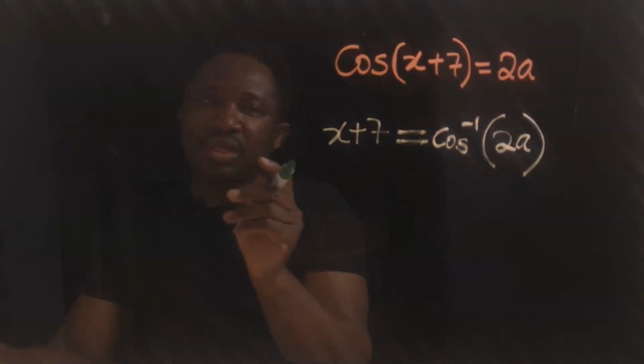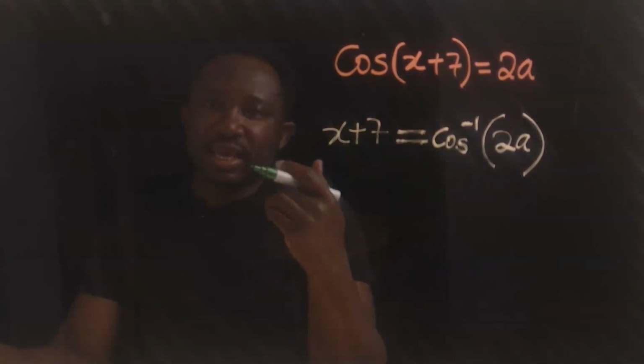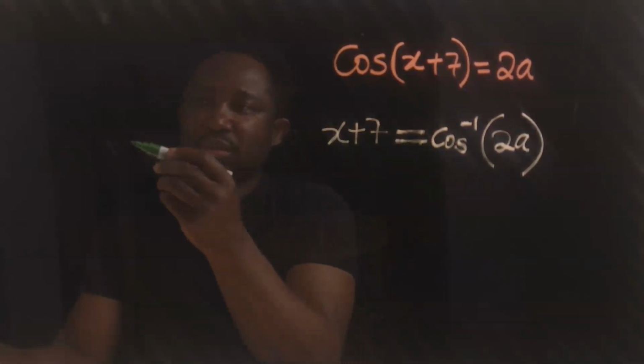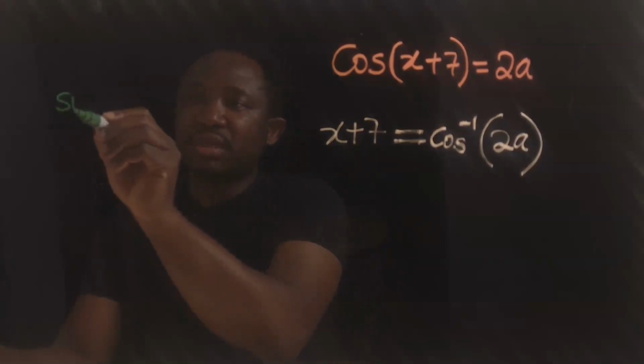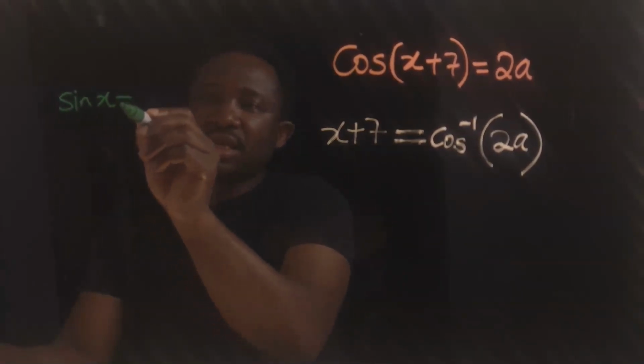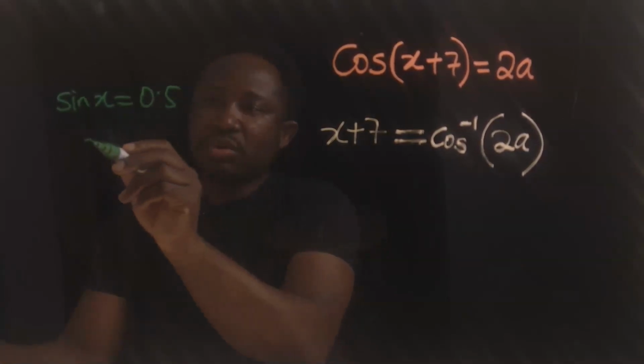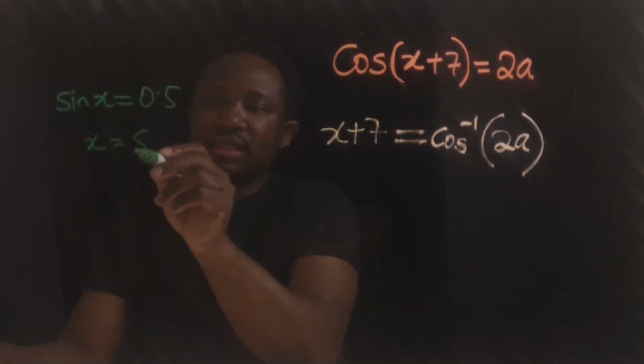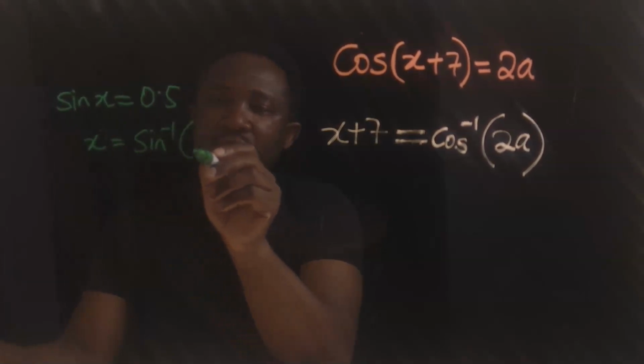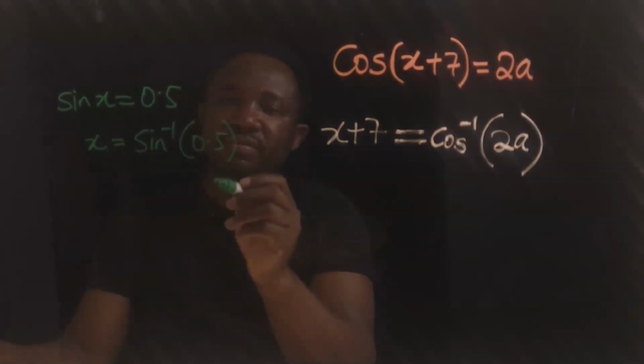We usually do this whenever it is a trigonometric function. For example, sine x is 0.5. We're going to have that x is sine inverse of 0.5.